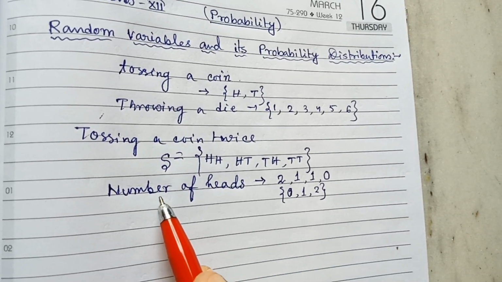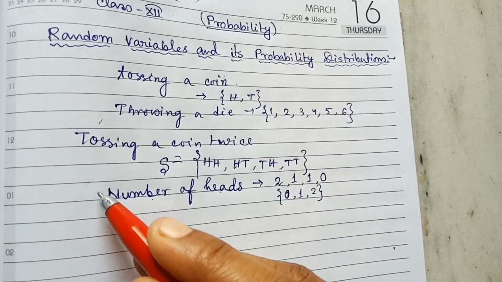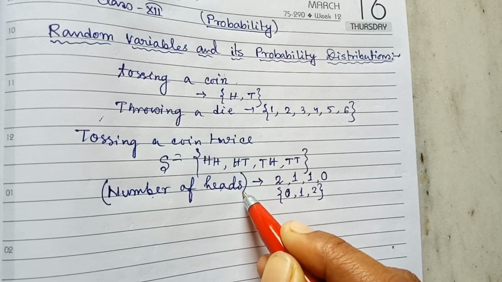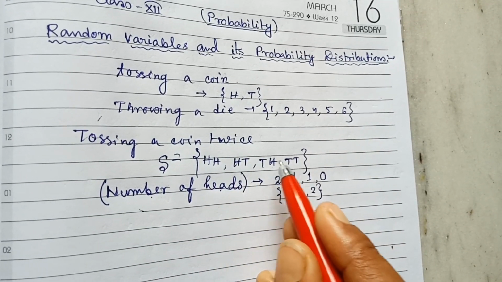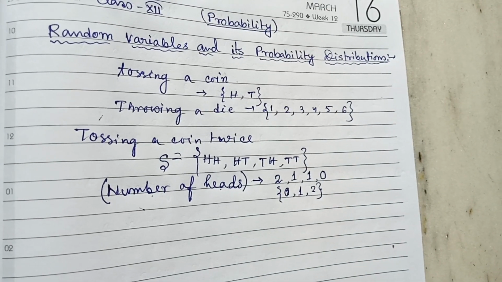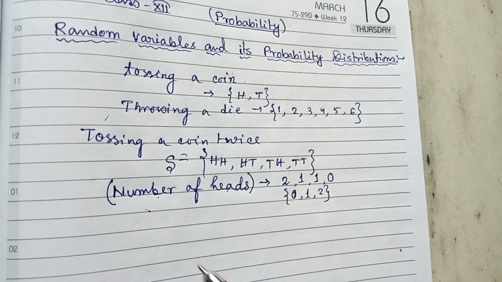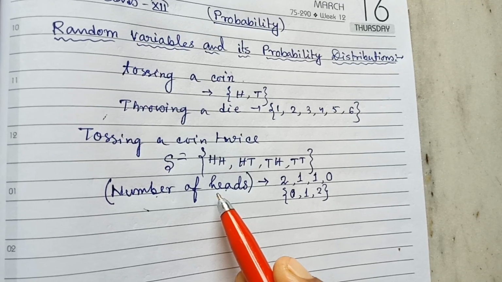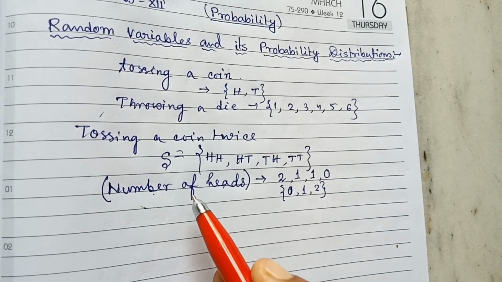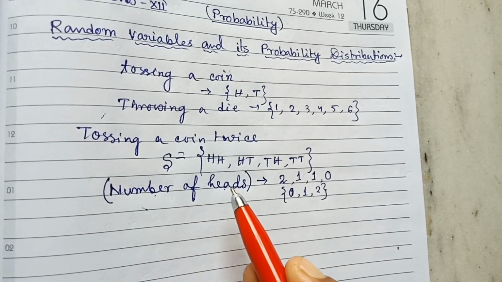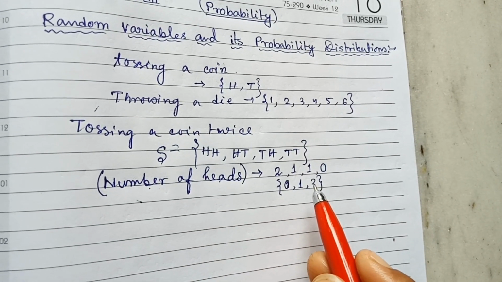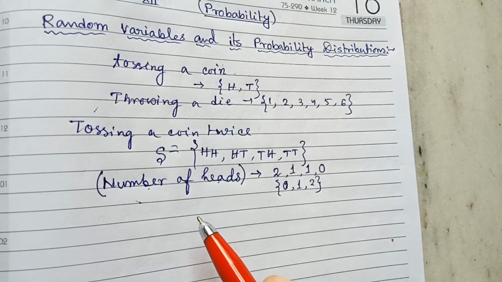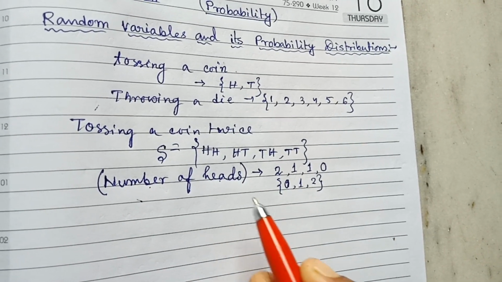Now, this number of heads, this description, belongs to each and every outcome. Therefore, this number of heads is a variable which can take the values either 0 or 1 or 2 and is related to all outcomes.